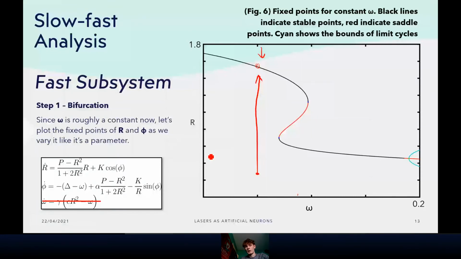If I had an omega over here, let's say, well, we actually get two stable fixed points and one unstable fixed point. And this is our bistability. So if I start off here, I'm going to lock on to this lower branch fixed point. And if I start off in this region, I'm going to lock on to my higher amplitude. So that's all well and good. We understand what the fast subsystem does. It's going to snap us onto these lines.